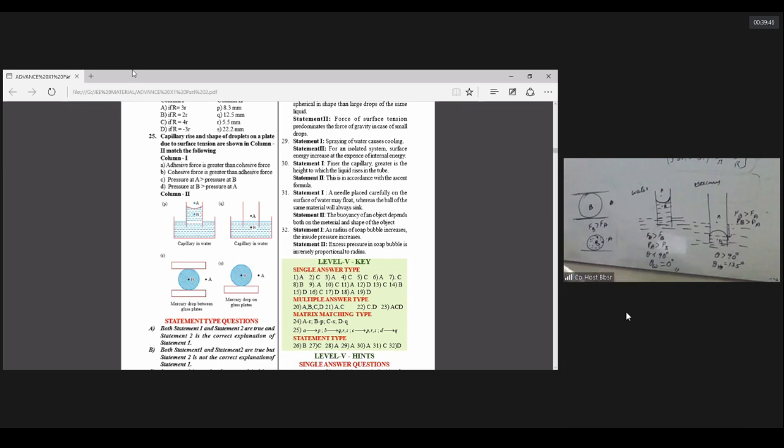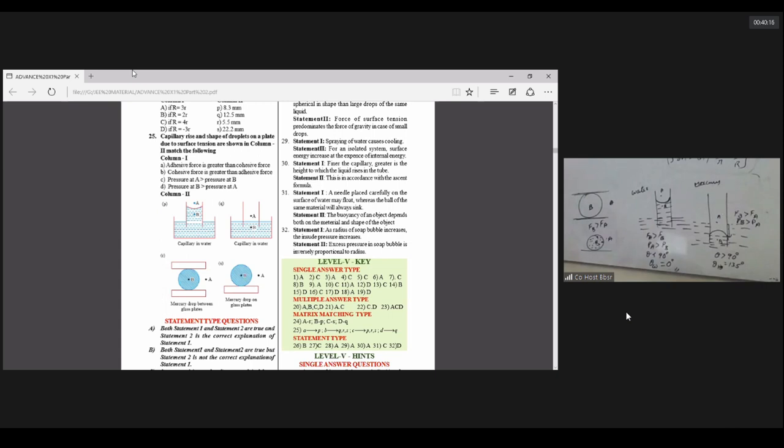So, possible answers for 25. A goes to B goes to, given, no, there, Q, R, S. Just you see and ask me. Q, you can take a diagram like this. RS is common for mercury. Pressure at A is greater than pressure at B. You have this only at the position P, but not in the others.